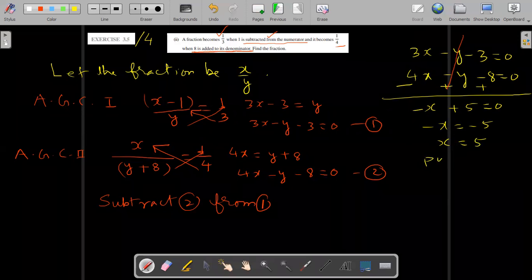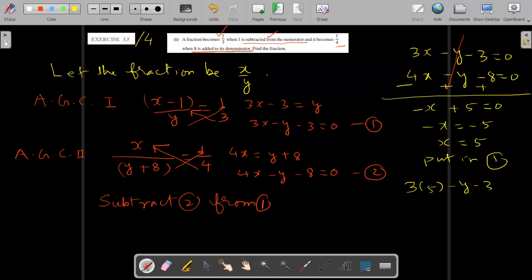This you have to put in equation number 1, the first equation. The first equation is 3 into 5 minus y minus 3 is equal to 0. 3 5s are 15.